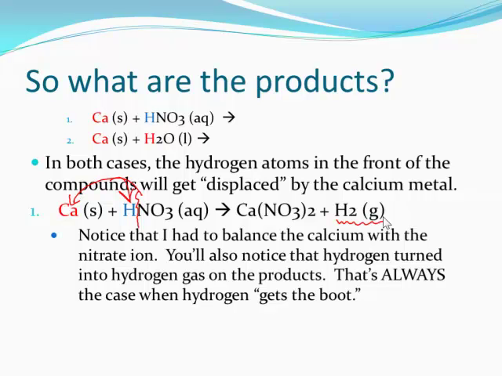We can't have a single hydrogen atom sitting by himself. So when hydrogen gets the boot from an acid, you'll make hydrogen gas. And notice I had to rebalance the charges of my new compound. Calcium is positive 2, and nitrate is negative 1. Make sure you're always rebalancing the new ionic compound.